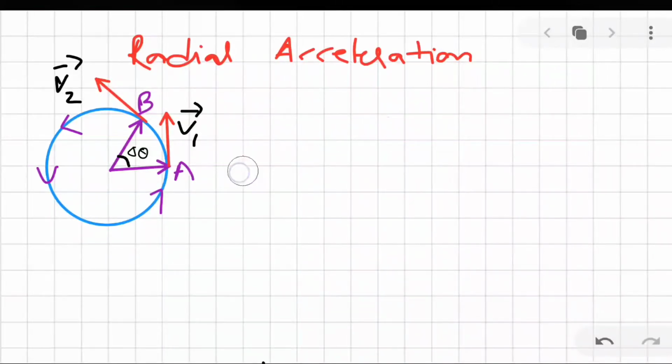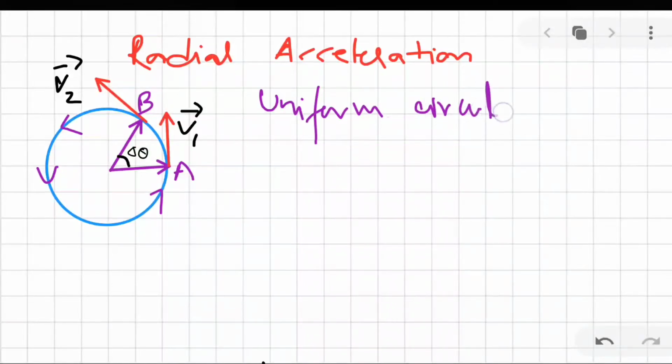Now suppose this particle is undergoing uniform circular motion. Uniform circular motion means the particle is moving with constant speed.